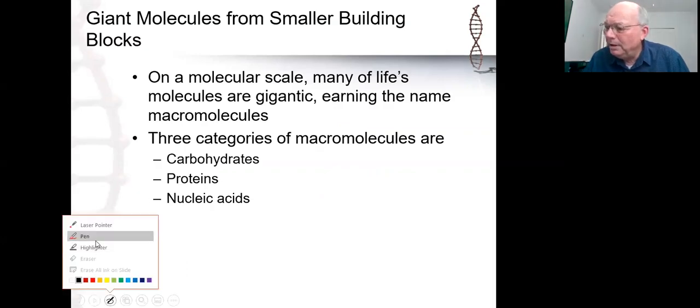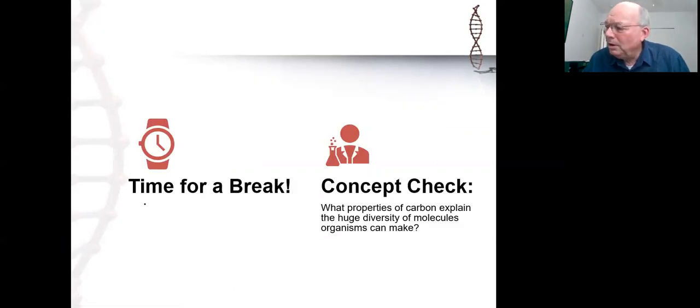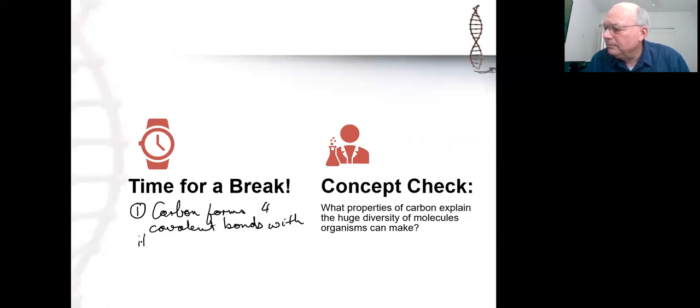So number 1 is, let's bring up the pen again. So number one, carbon can form four covalent bonds with itself and oxygen, hydrogen, and nitrogen. So that's number one.